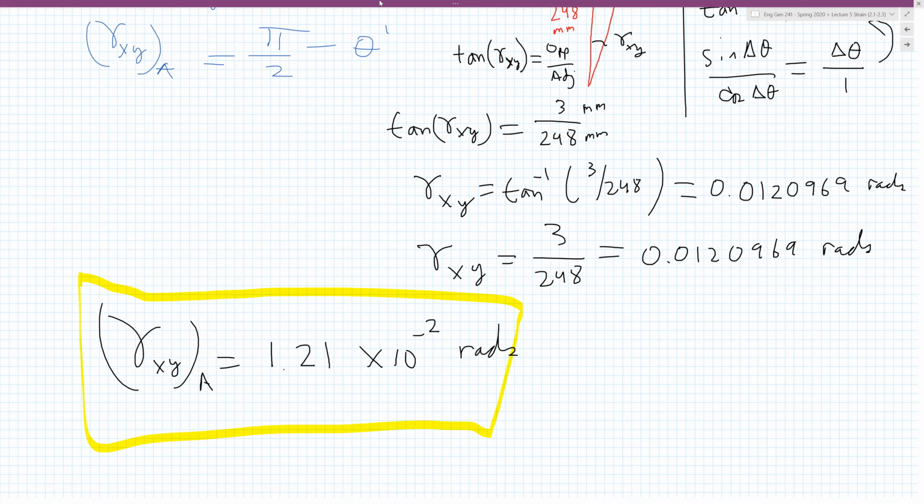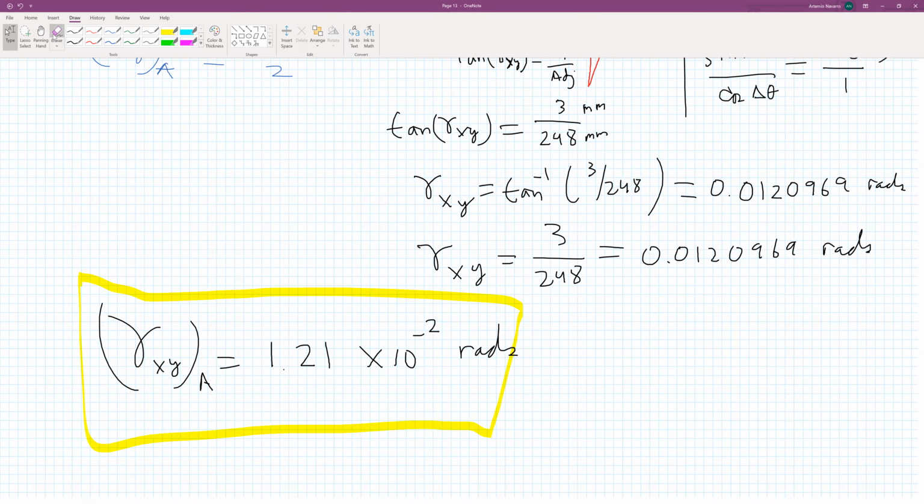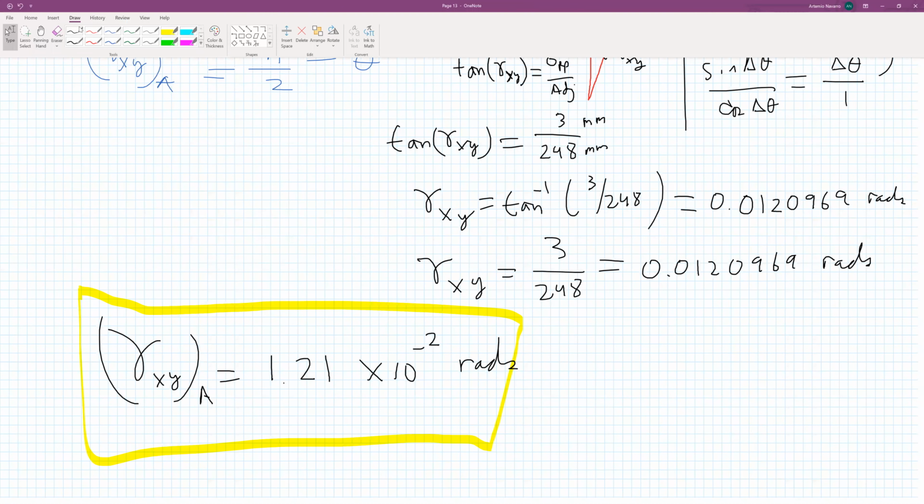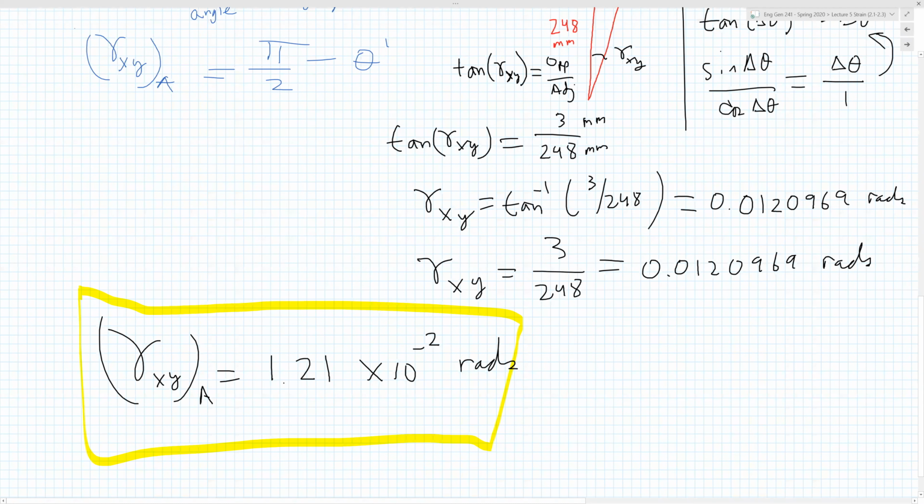Just for funsies, before we go on break, I think you got that right, Angela? Right, thank you. Let's convert that to degrees. What would that be in degrees? So let's use a more exact one, 0.012069 radians, right?